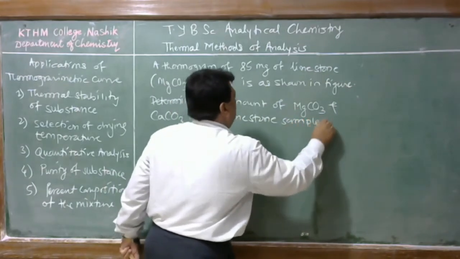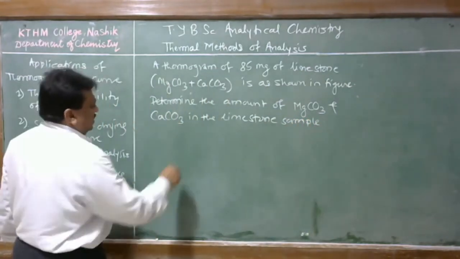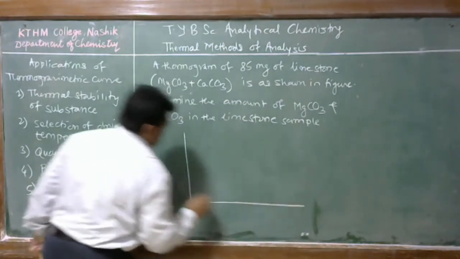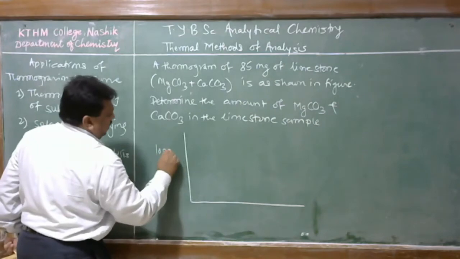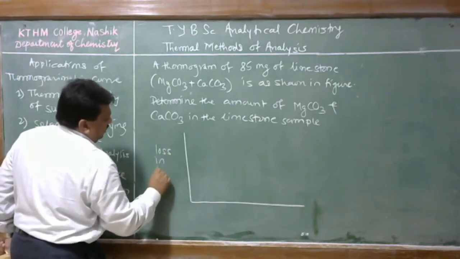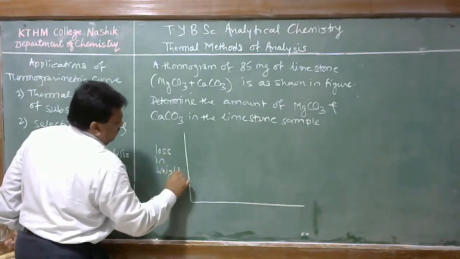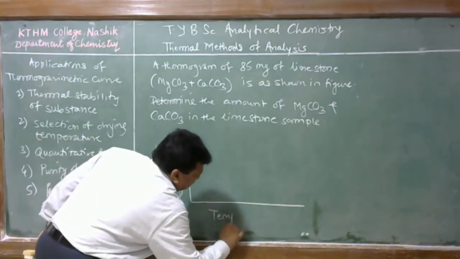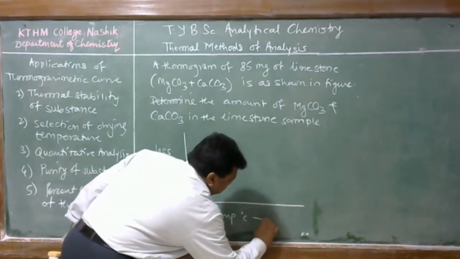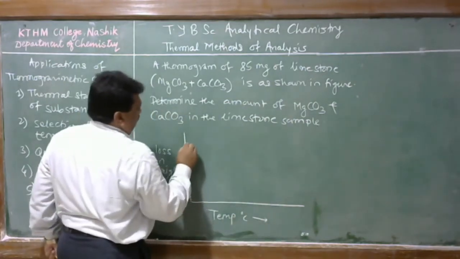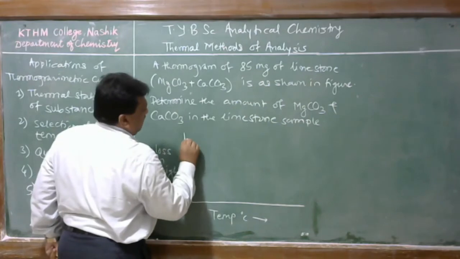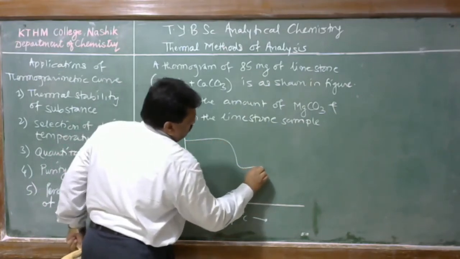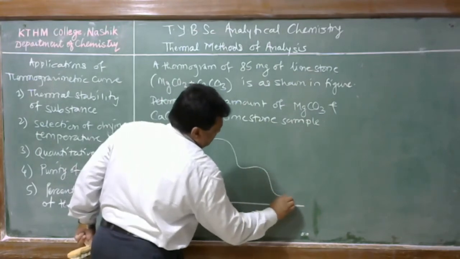Now the thermogram for this is like this. Here the thermogram is a plot of loss in weight, in milligram, versus temperature in degrees centigrade. The thermogram of 85 milligram shows two steps of decomposition.